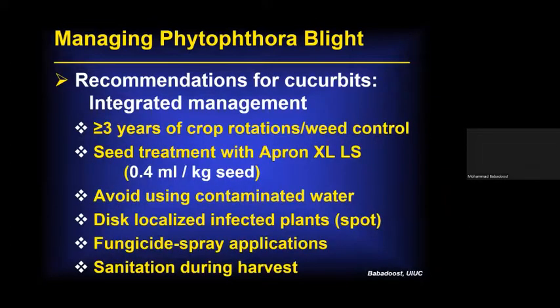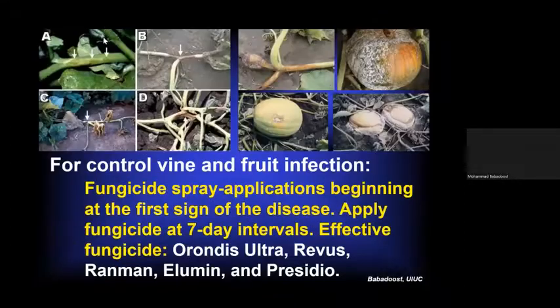Then we're talking about fungicide application. Fungicide application is essential for vine infection and fruit infection. Believe me, we had 100% losses in pumpkins and squash prior to fungicide application.